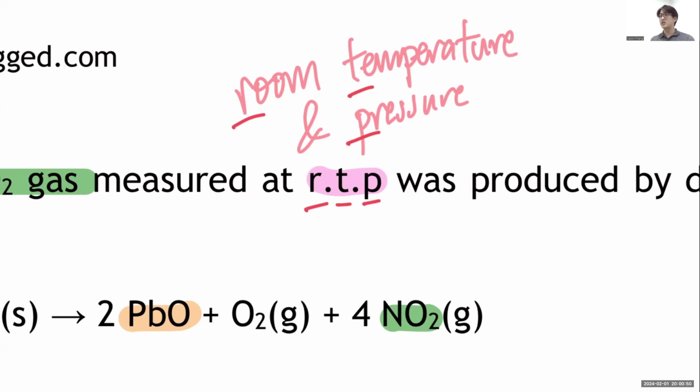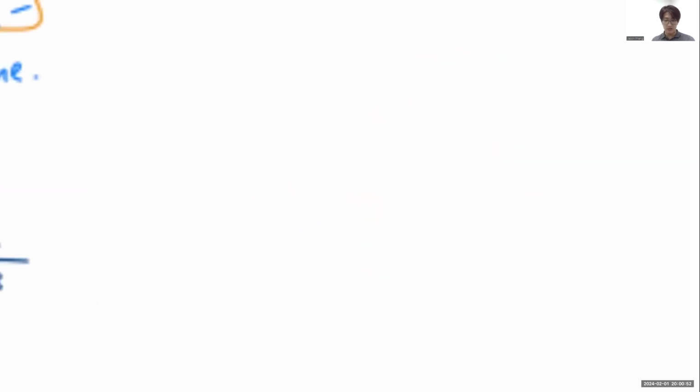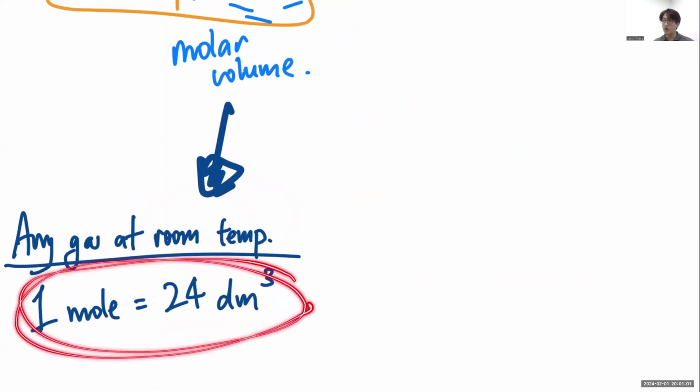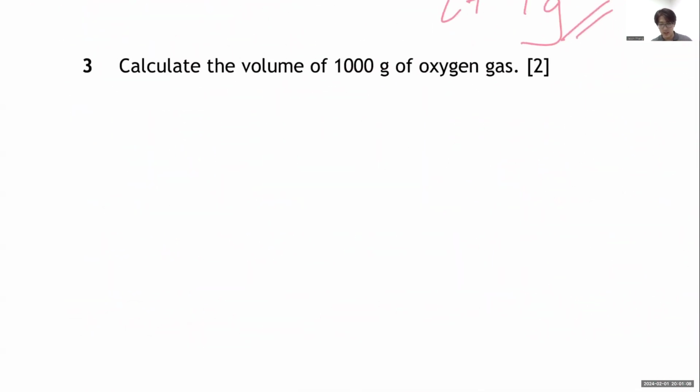And this is important because on the previous page we wrote this down: any gas at room temperature occupies 24 dm³. So this rule, 1 mole being 24 dm³, only applies at room temperature.